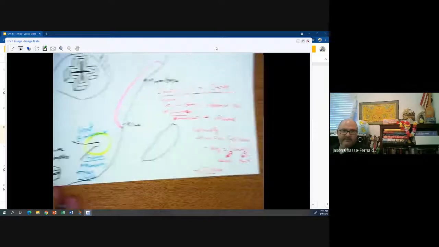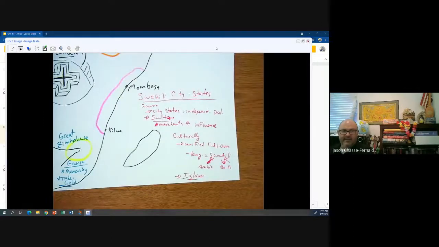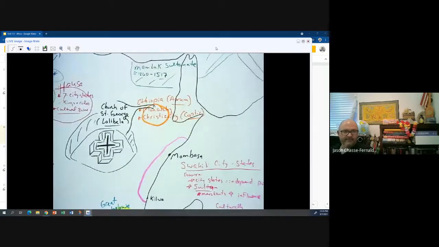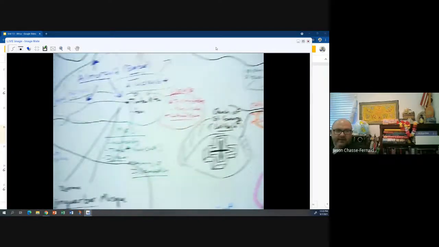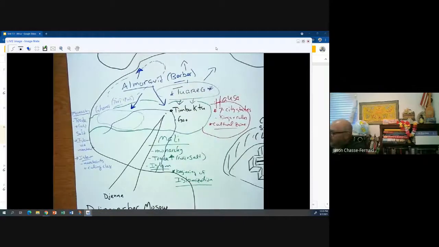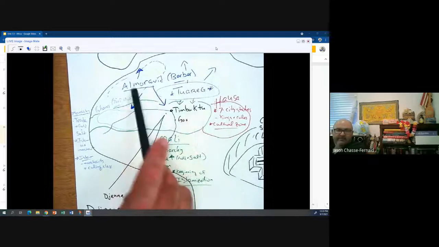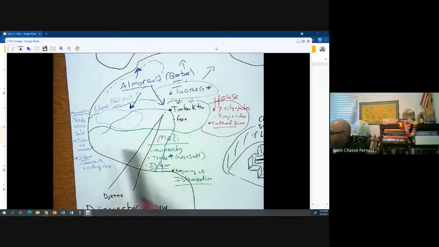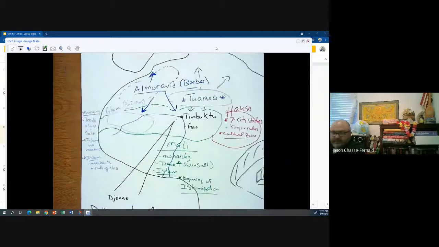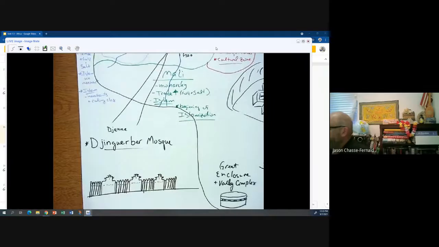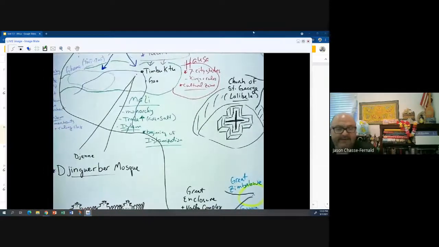Here's your Swahili. Here's your Ethiopia. And here's your basics of West Africa, from your pastoral nomadic traders to your kingdoms of Ghana, Mali, Hausa, and then finally your Djenna Mosque. So that's your basics from today.